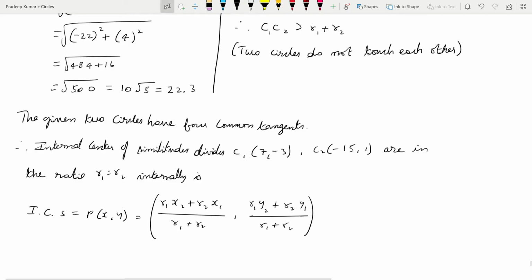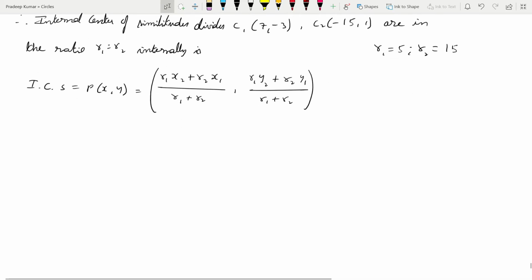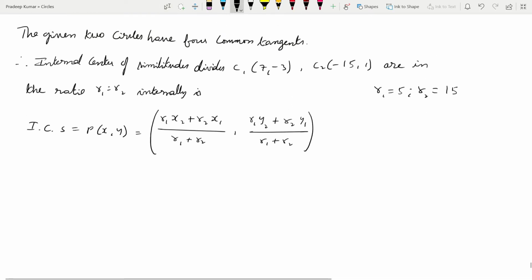So let's substitute these values. The first radius was 5 and the second radius is 15. So R1 is 5 and x2 is minus 15, whereas R2 is 15 and x1 is 7, whole by 5 plus 15.